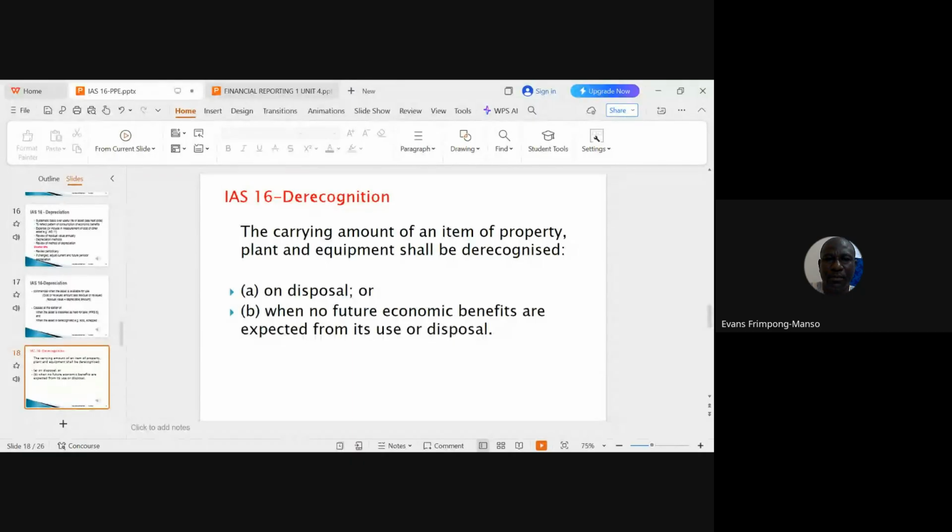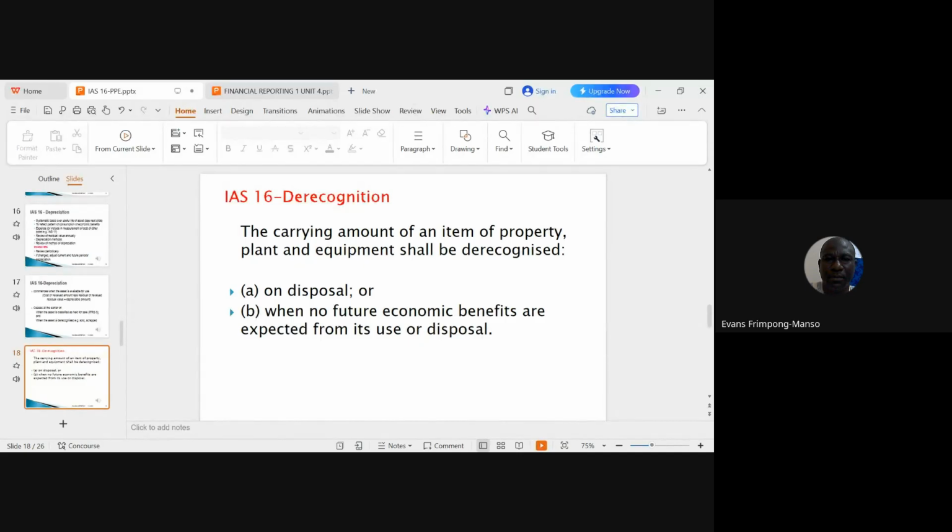Earlier, I told you that when we say you are recognizing, it means you are showing the asset on the financial statement. So when we say you are de-recognizing, it means you are removing the assets also from the financial statement.